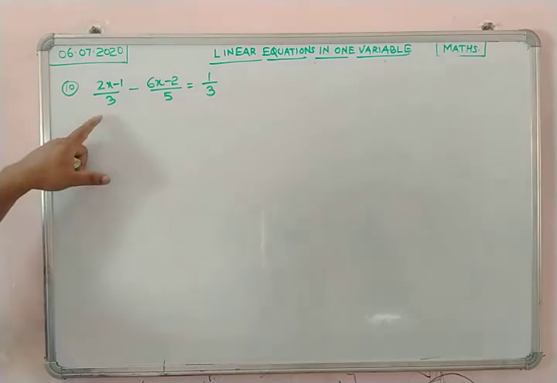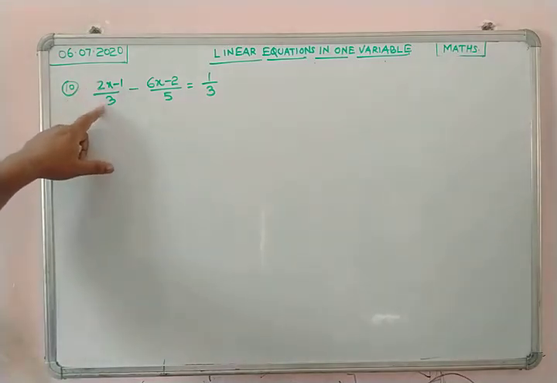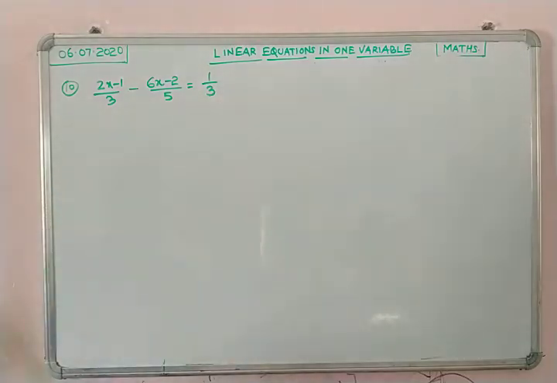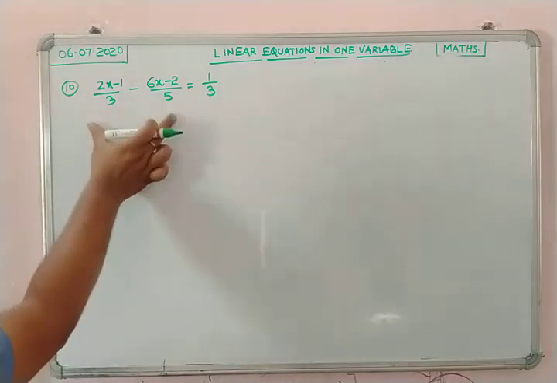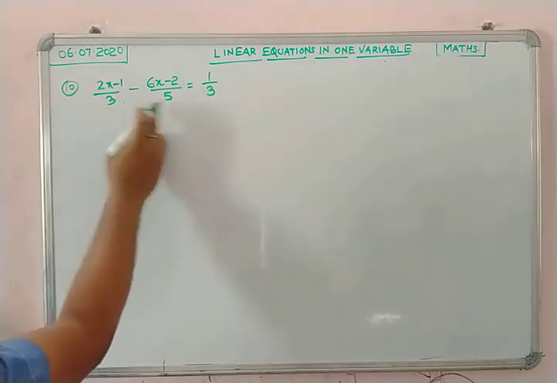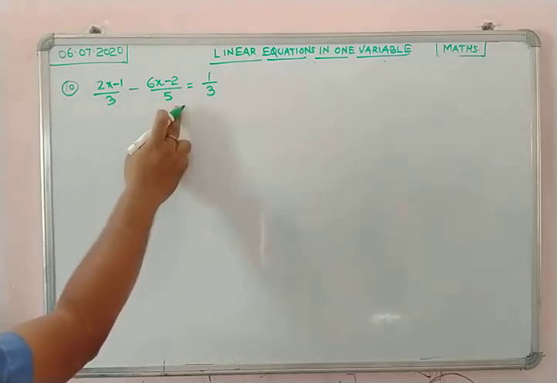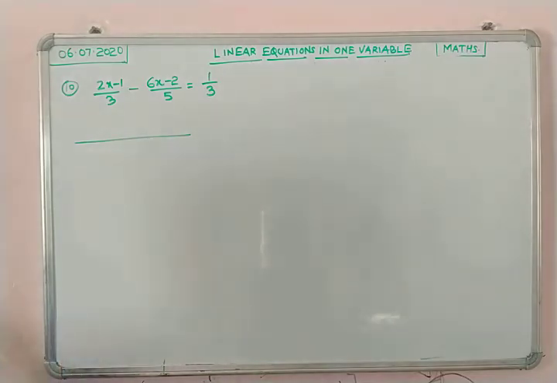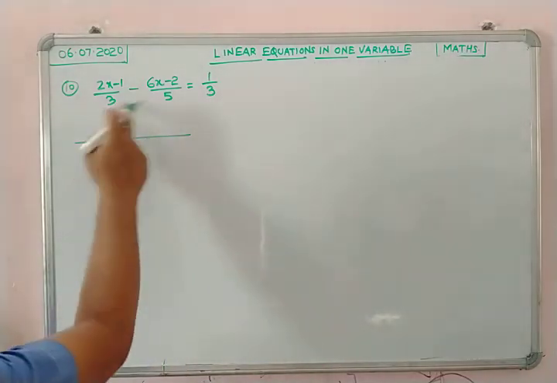Here in question number 10 you can see (2x minus 1) by 3 minus (6x minus 2) by 5 equal to 1 by 3. So in the LHS the denominators are 3 and 5. In case of denominators and simplification of rational numbers, we know that we take LCM.